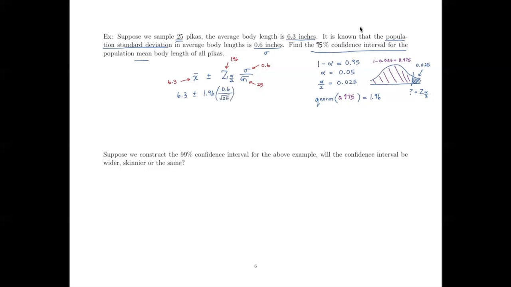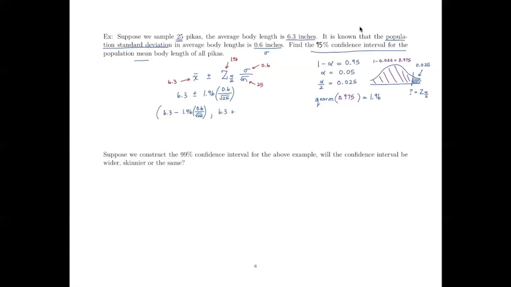Now, quite often, this plus or minus piece will split up into two pieces. The minus piece gives us our lower bound. So that's going to be 6.3 minus my margin of error, 1.96 times 0.6 over the square root of 25. And then comma, and then I'll put in my upper bound, which is 6.3 plus.